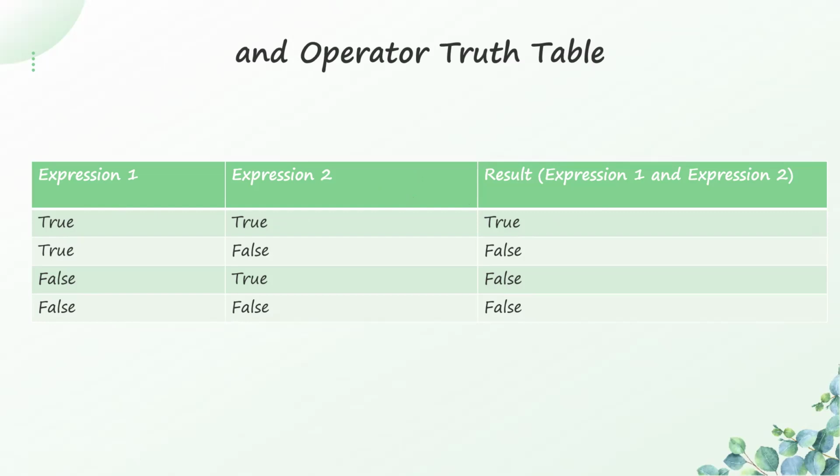So let me give you a scenario where you use this thing. Let's say somebody invites you to their party. Then the condition that you must meet is this: it is not later than 9 p.m. and it is not raining.